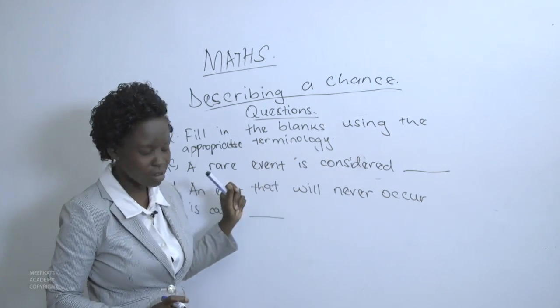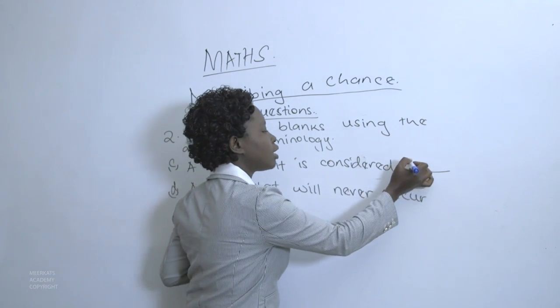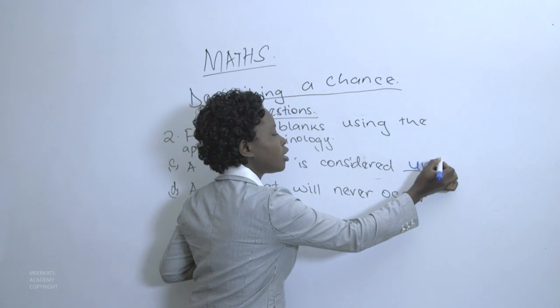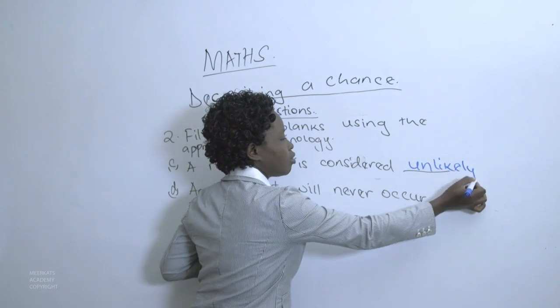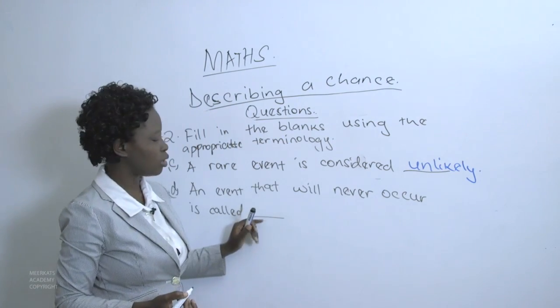A rare event, we refer to it as being considered a very unlikely event. So it is rare, so we mean it is unlikely.